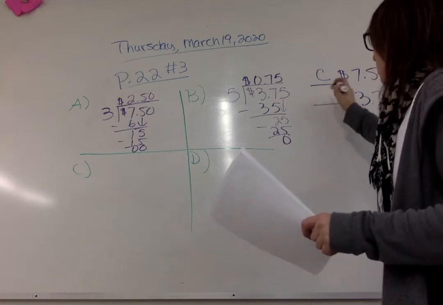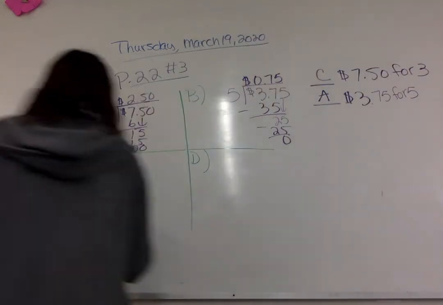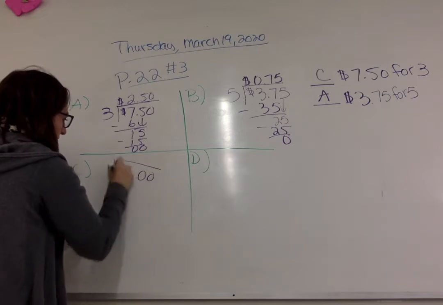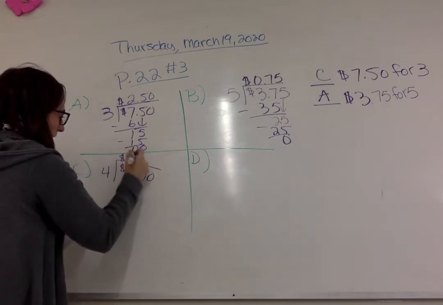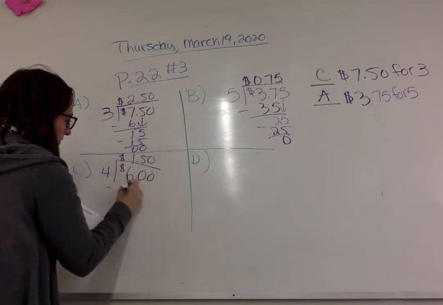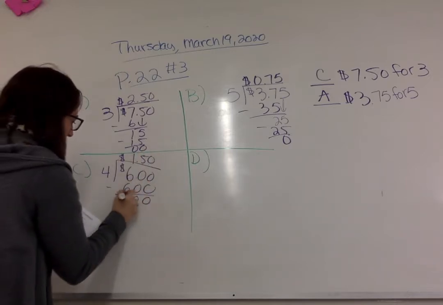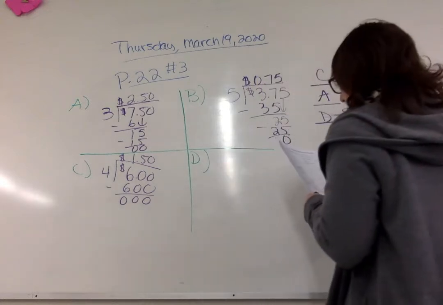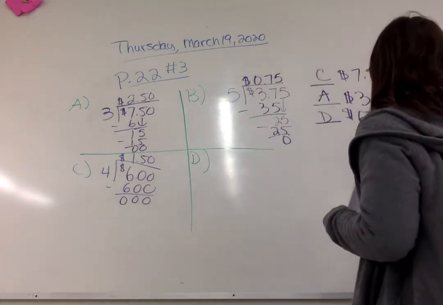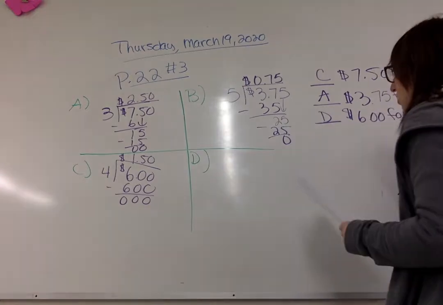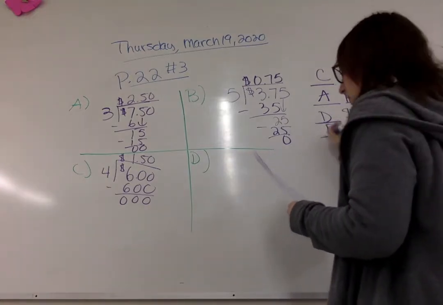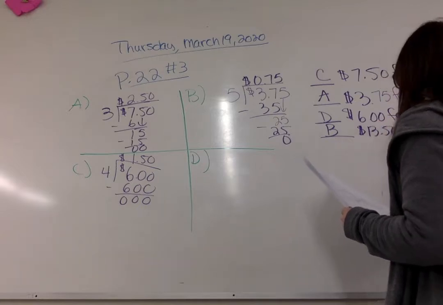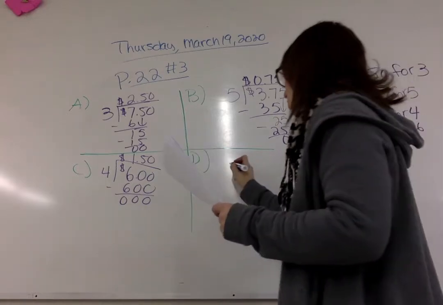Let's look at the next one. We have $6 divided by 4, and we arrive at $1.50, folks. So on the next one underneath, you're going to put a letter D, because for $6 for 4 pounds, each pound is $1.50, which means obviously the last one is B, which was $13.50 for 6 pounds, and I'll show you why that's true now.